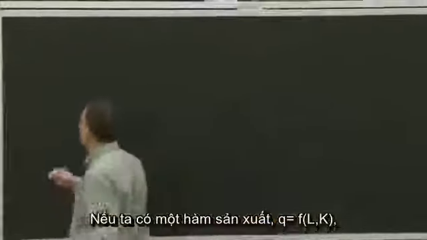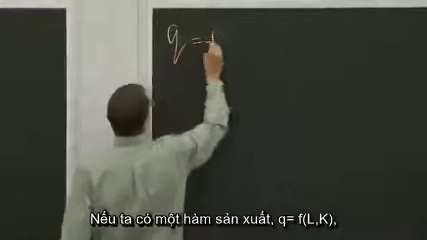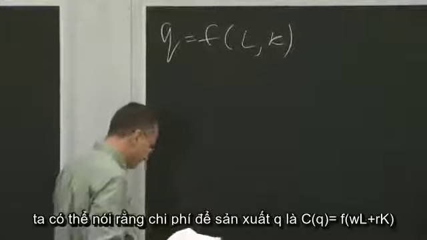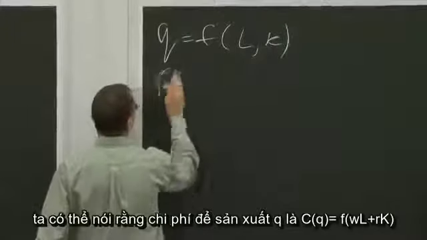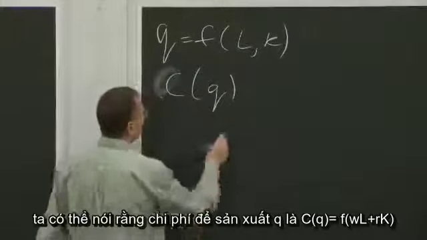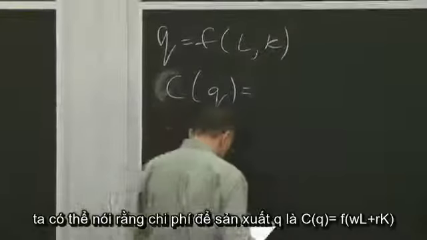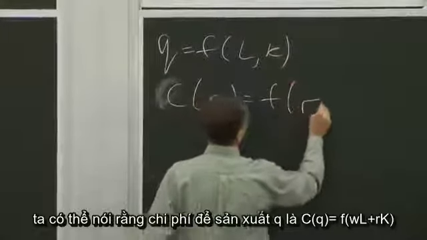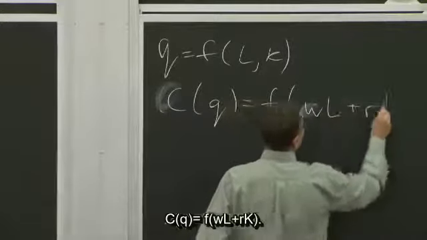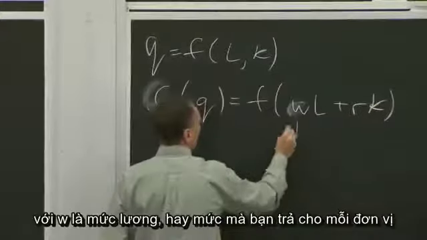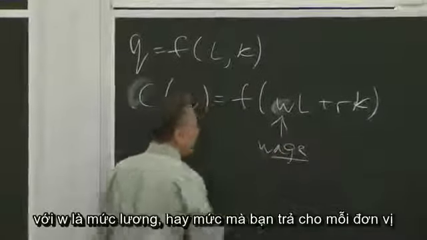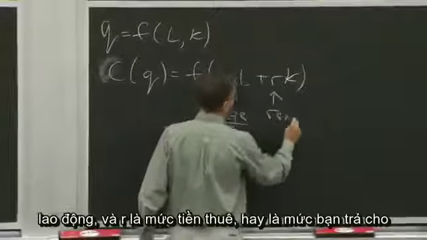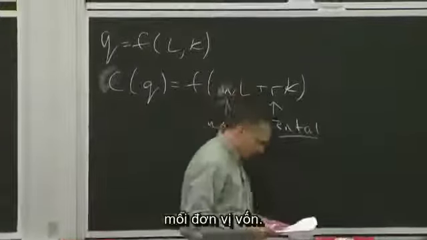So if we have some production function, Q equals F of L and K, then the cost of producing Q is equal to WL plus RK, where W is the wage rate, or the rate you pay per unit of labor, and R is the rental rate, or the rate you pay per unit of capital.